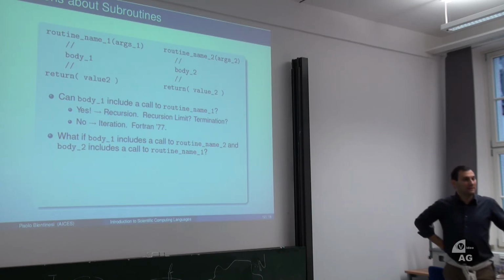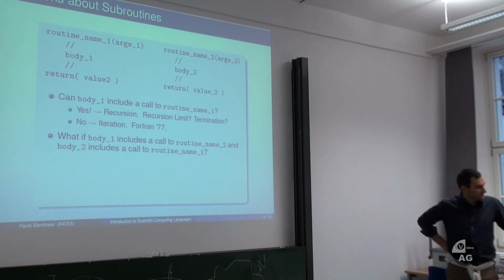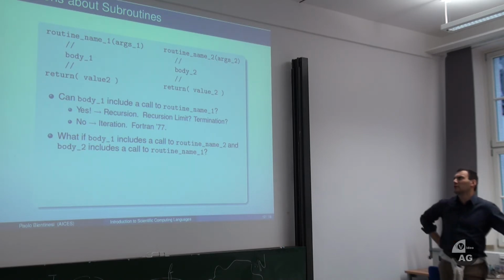Any other answer? Yeah? Maybe if we begin with routine name 1 and start a function call of routine name 2 and we call routine name 1. The routine name 1 ends correctly, but the routine name 2 not. No, why?